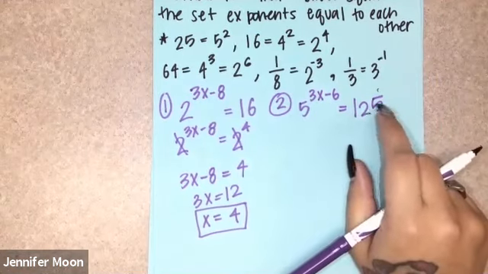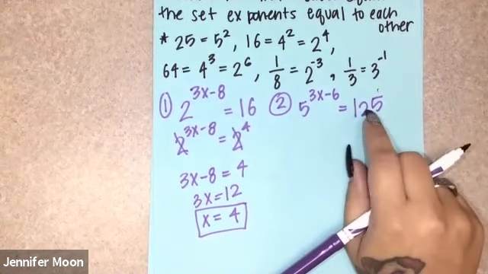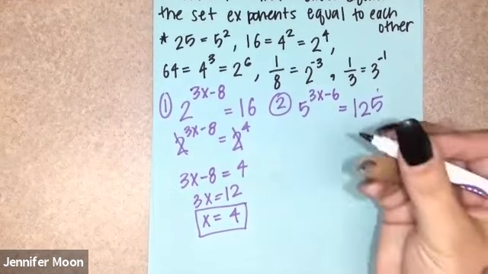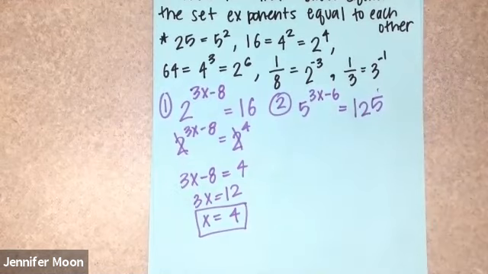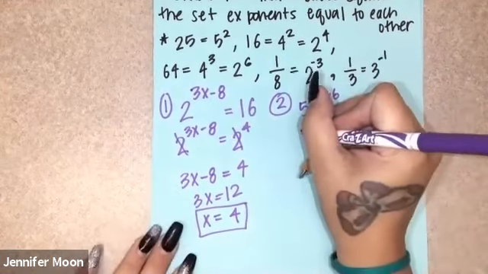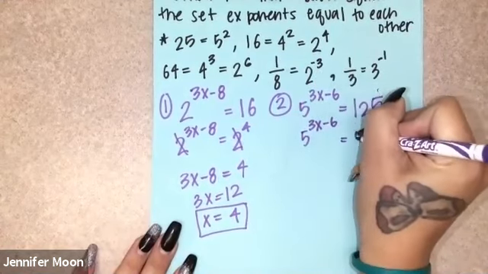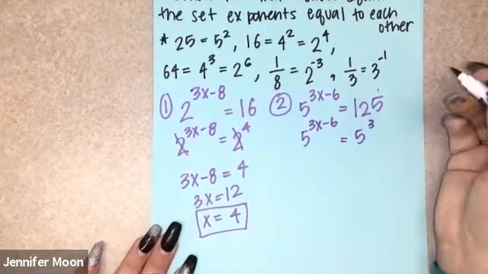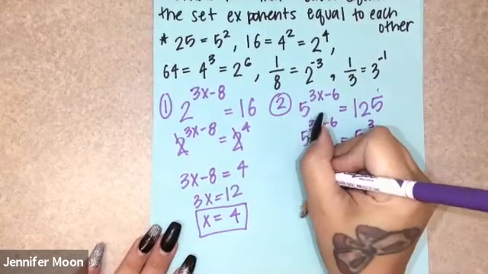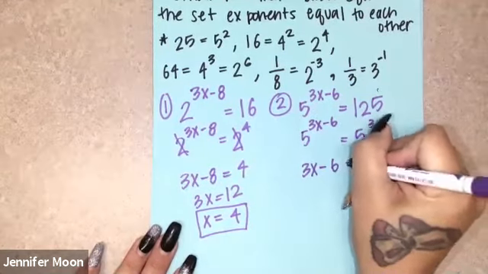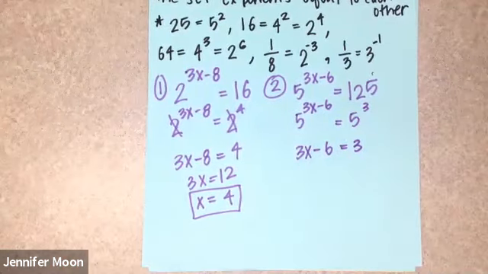I know I can write 5 to the something that also equals 125, and that would be 5 cubed, right? So I've got 5 to the 3x minus 6 equals 5 cubed. Bases are the same, so now all I've got to do is set my exponents equal to each other and solve for my x.